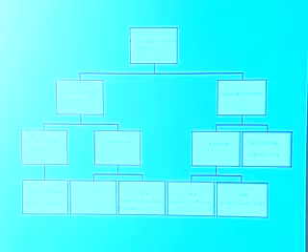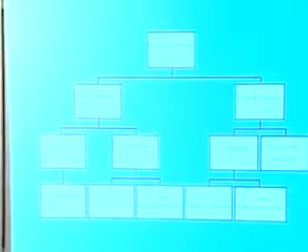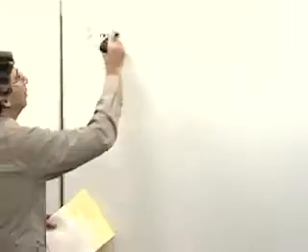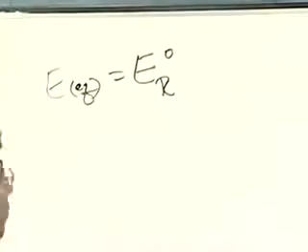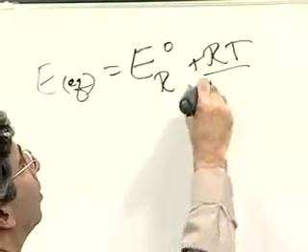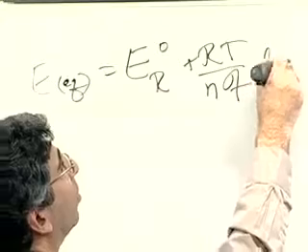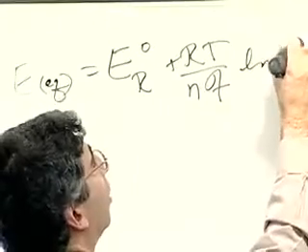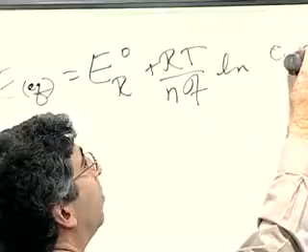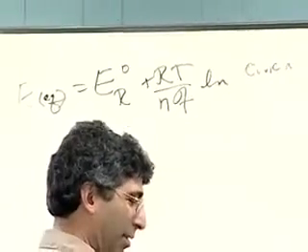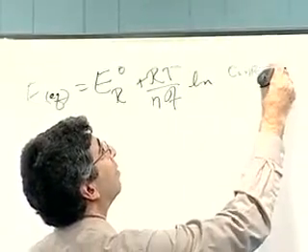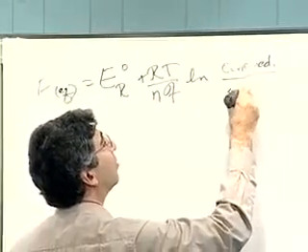And again, that would lead us to something like the Nernst equation over here. Right, so that I'd have an equilibrium potential, just to remind you here, that is related to a standard redox potential plus a term that takes into account our concentration of reduced species over a concentration of oxidized.